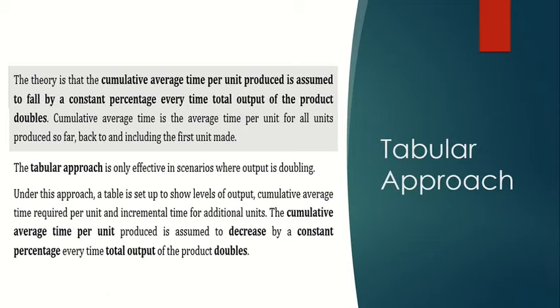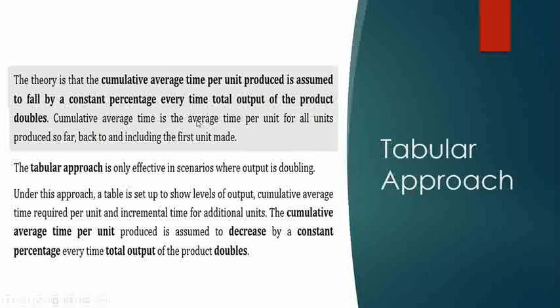Which means our output should double in a continuous manner. Initially we are producing 1 unit, then 2 units, then 4, then 8, 16, 32. Likewise, if our output is getting doubled, at that point we can apply this tabular approach. The second assumption we are using here is that our learning rate is a constant percentage every time. So the learning rate is a constant percentage and our output is getting doubled.